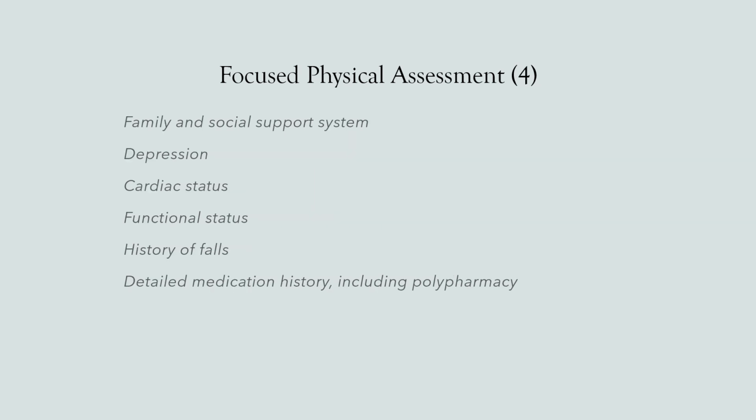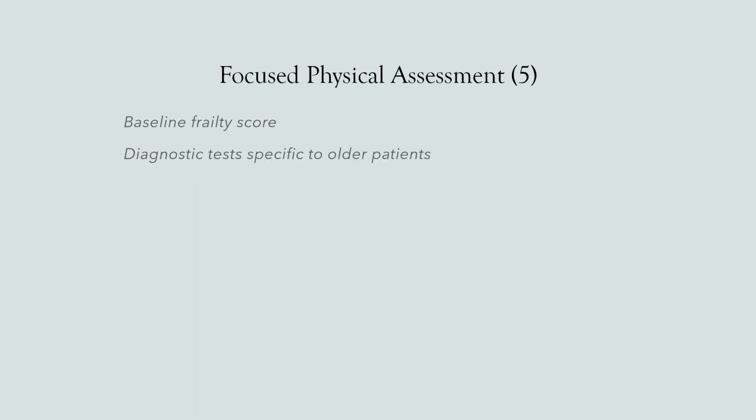Family and social support system, depression, cardiac status, functional status, any history of falls, and a detailed medication history, including polypharmacy. We will also note a baseline frailty score and diagnostic tests specific to older patients.